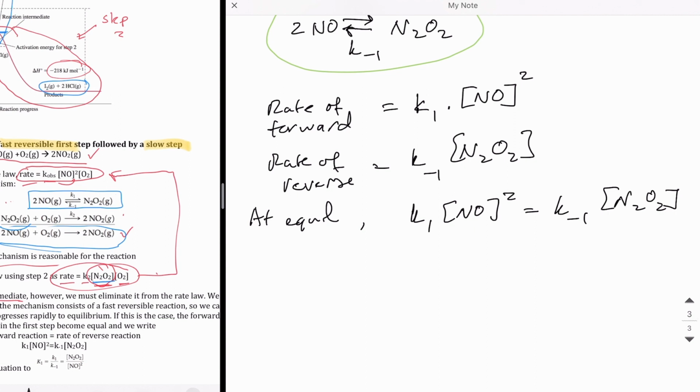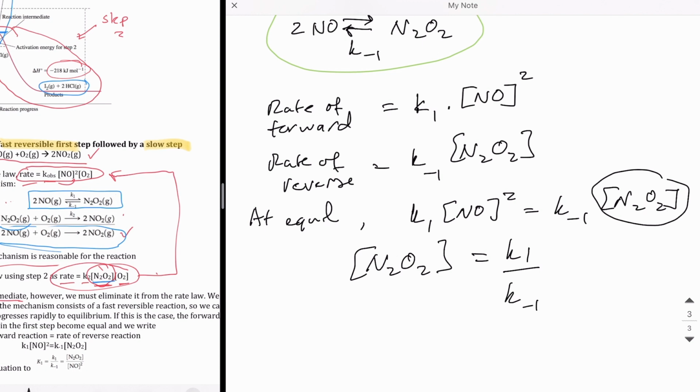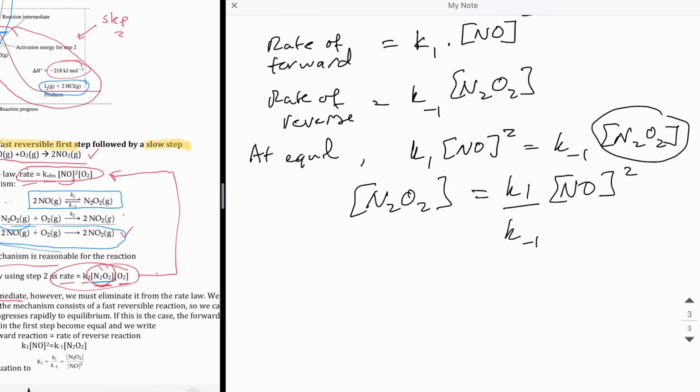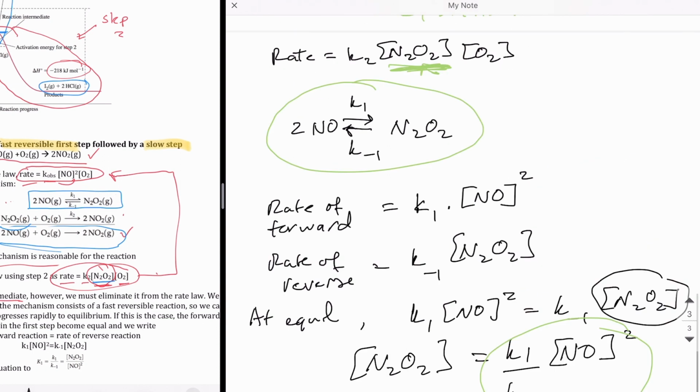We just express this N2O2 as a combination of all the other terms, so it's K1 over K minus 1 times NO squared. I combine the K1 and the K minus 1 together because those are both rate constant terms. So now I have N2O2 being equal to this thing.